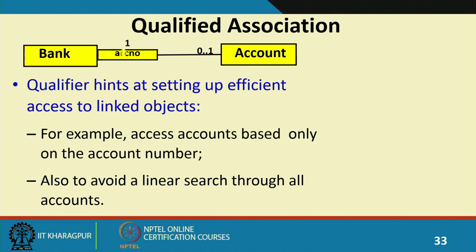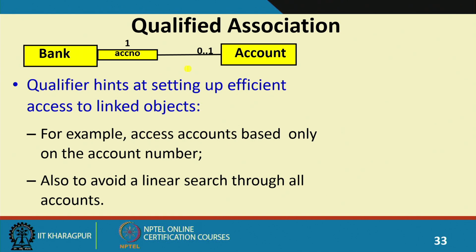And to implement the qualified association, we will use a map, a hash map, and we will check, once the account number is generated, while adding an account, whether such an account number already exists.